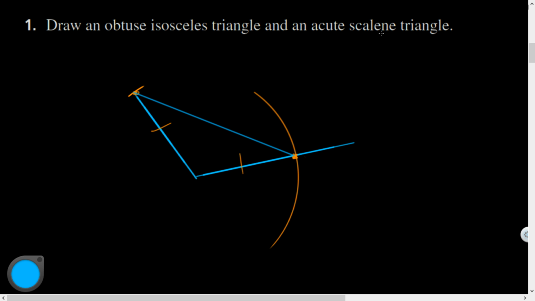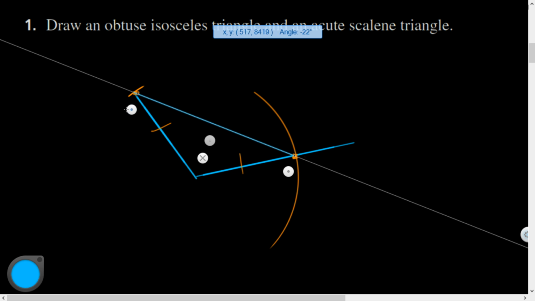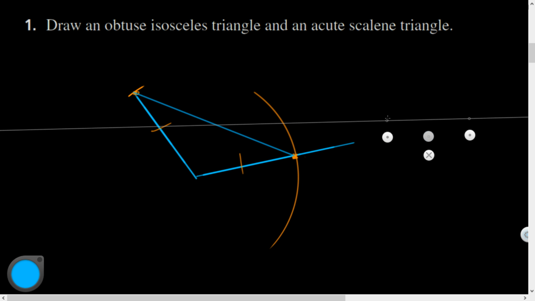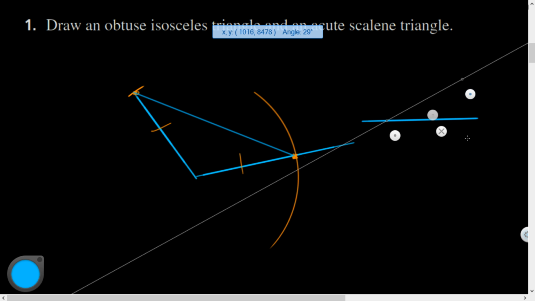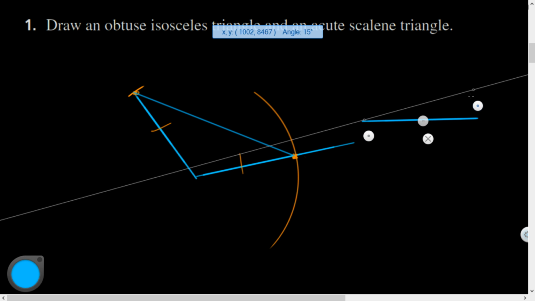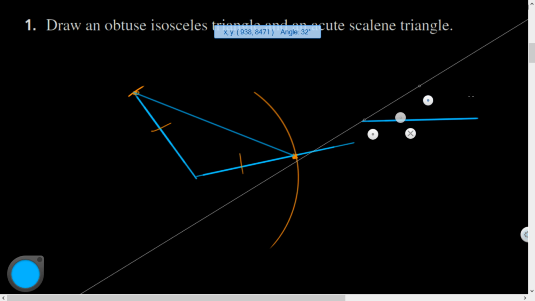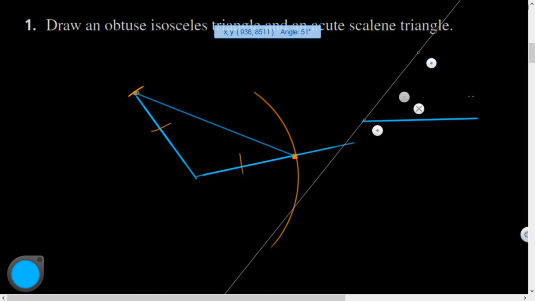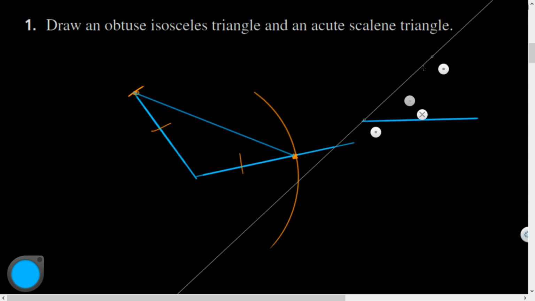And how about an acute scalene triangle? Acute scalene triangle. So scalene means what now? No equal sides. So all right, there's one. Let's see. I got to make sure it's not 90, not obtuse. Yeah, something like around here maybe. Let's see.